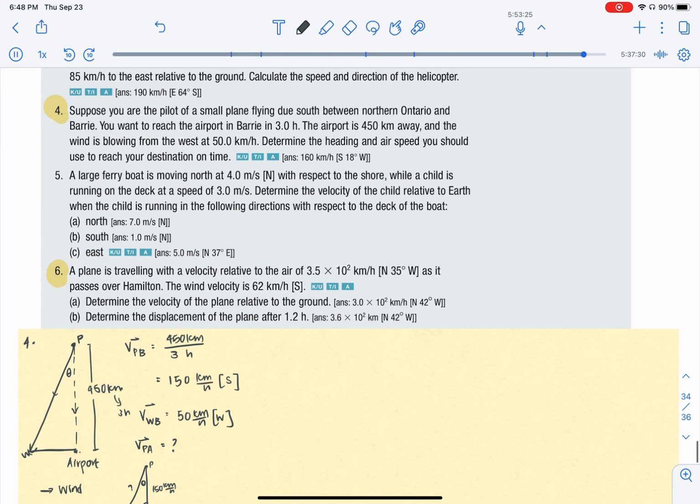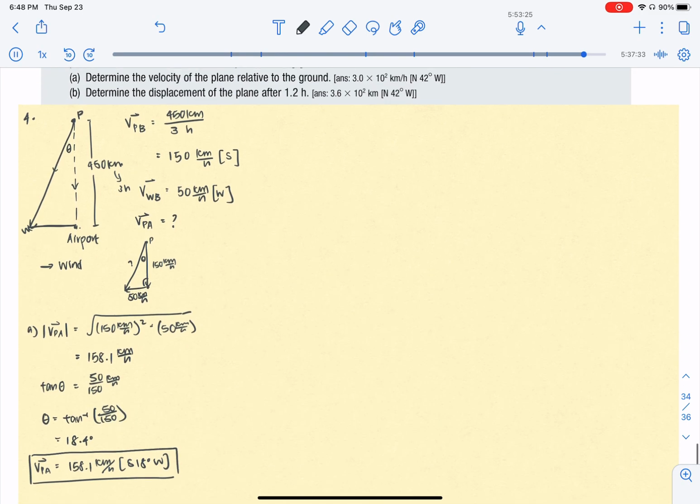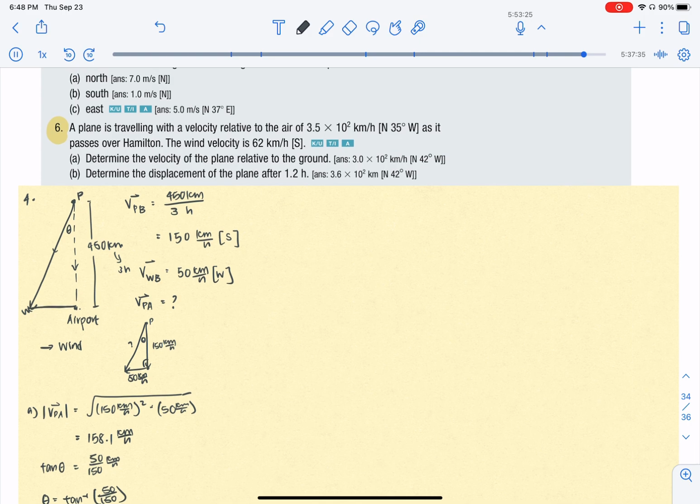So what do we have? We have V_JW squared equals V_WS squared.